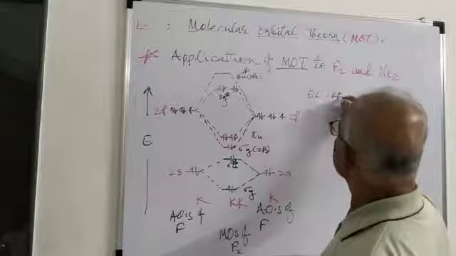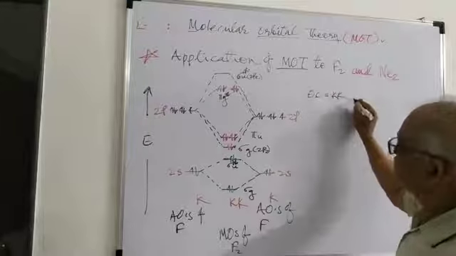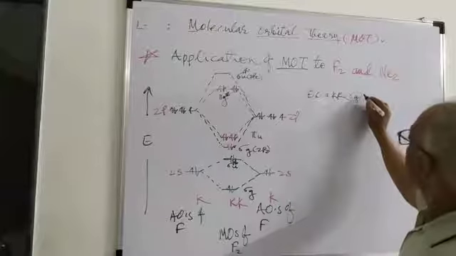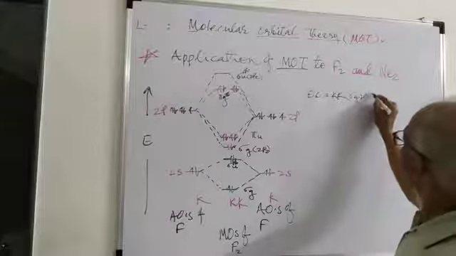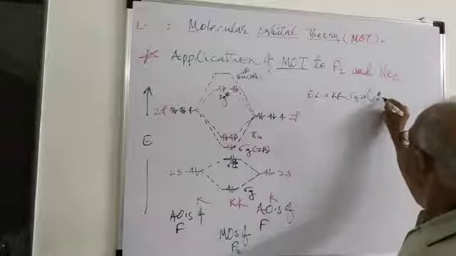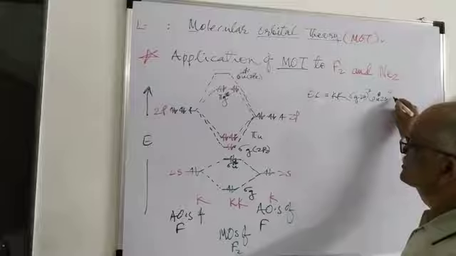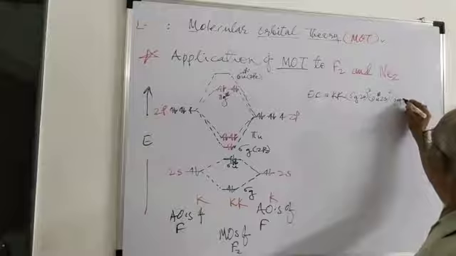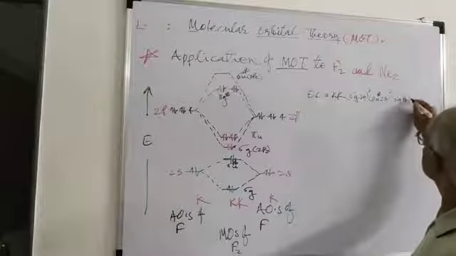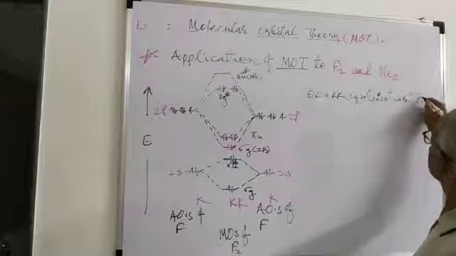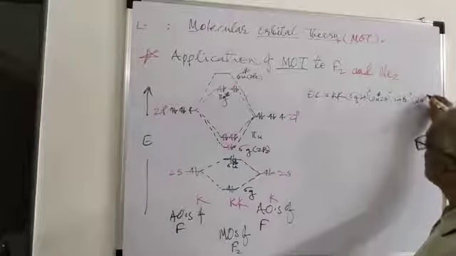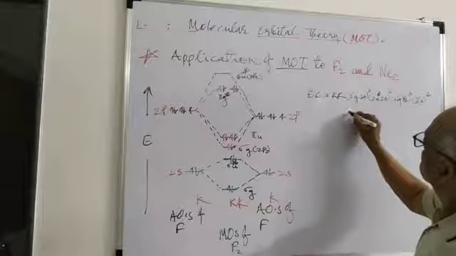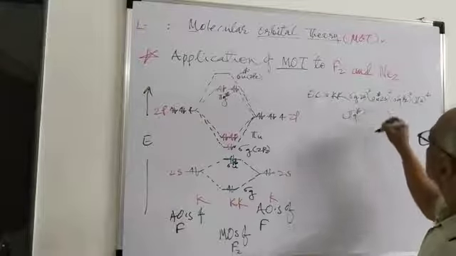So we have this KK, then we have this sigma g 2s, 2 electrons, sigma u star 2s, 2 electrons, then this sigma g 2pz we will show here with 2 electrons, then pi u 4 electrons, then we have this pi g star with 4 electrons.